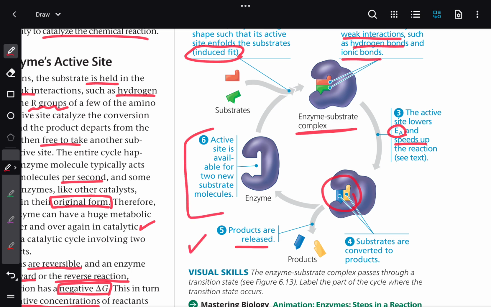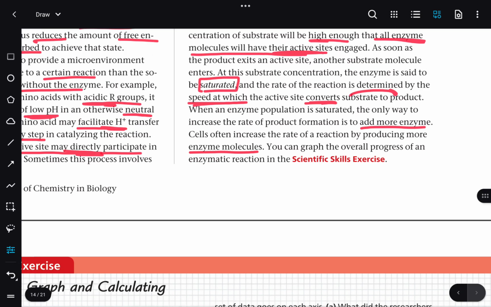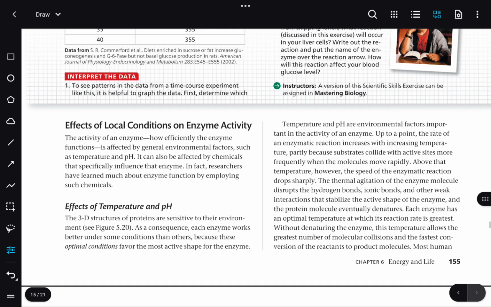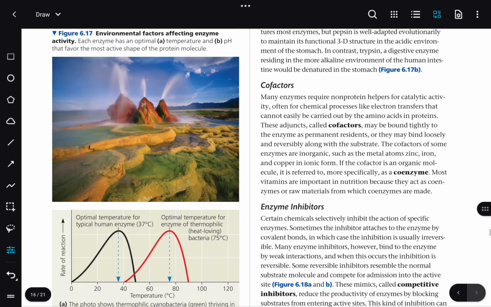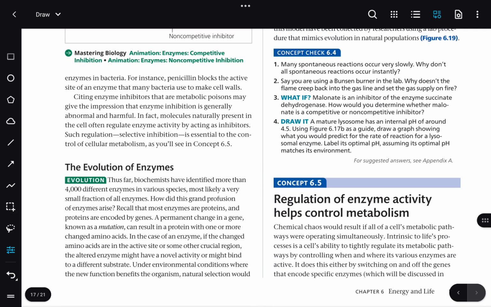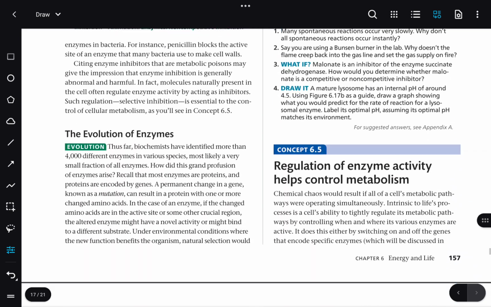Okay, I don't know what's left for us here. After this you can just go through the effects of local conditions on enzyme activity, and the evolution of enzymes. I don't know if this is included, but we can read through it.